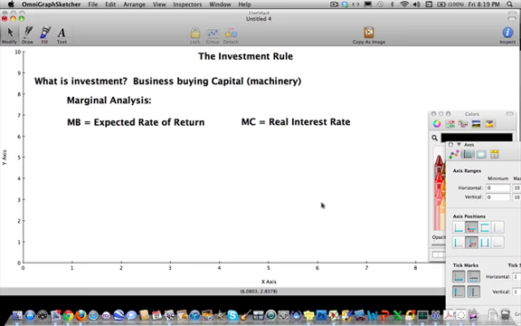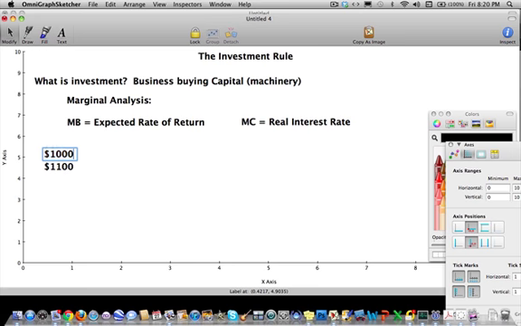Okay, so how do I compute the expected rate of return? Well, let's say that I buy a machine that costs me $1,000. But I believe that by buying this machine, I can increase my total revenue by $1,100.